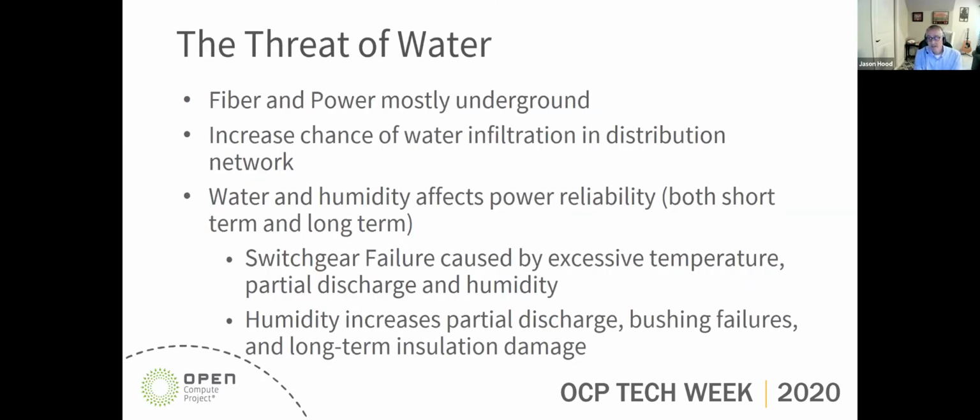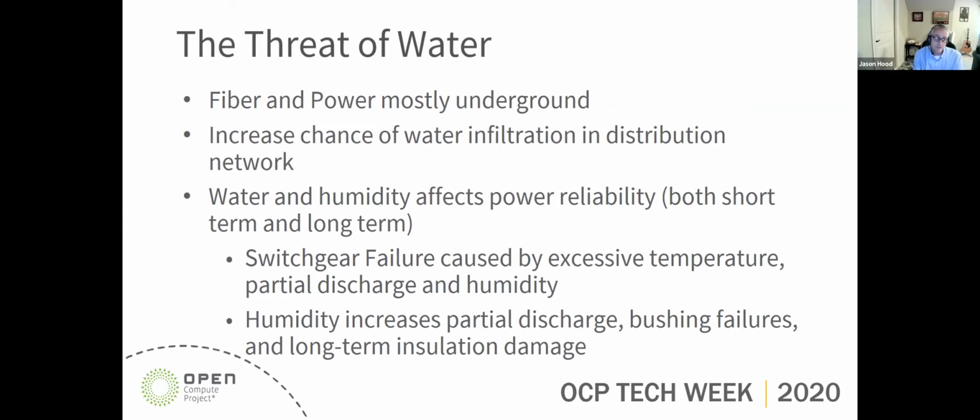If you look at these guidelines, most of them actually do recommend that fiber and power be put underground to reduce the risk of damage to overhead infrastructure. With some of our customers, we do see some of them currently even changing that methodology, going from underground back to above ground.